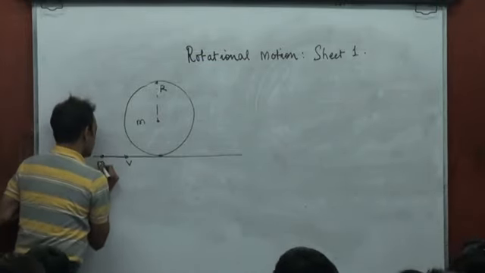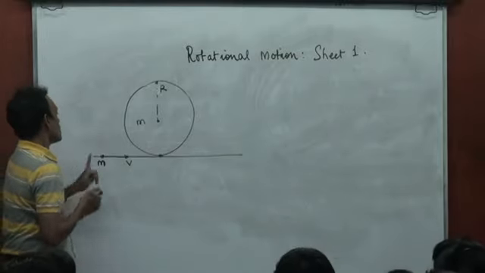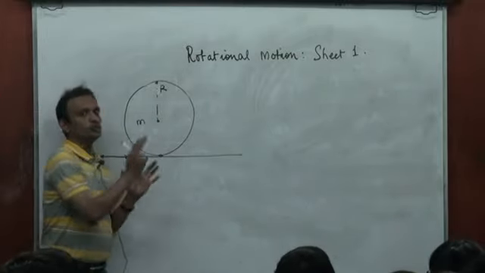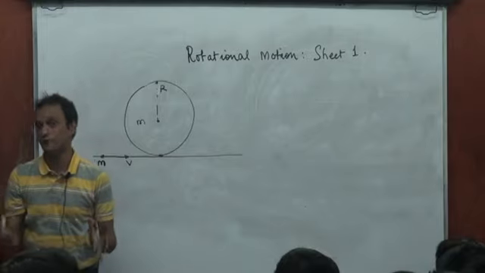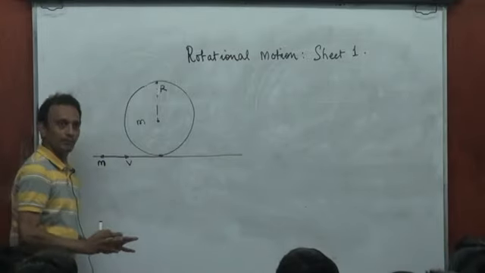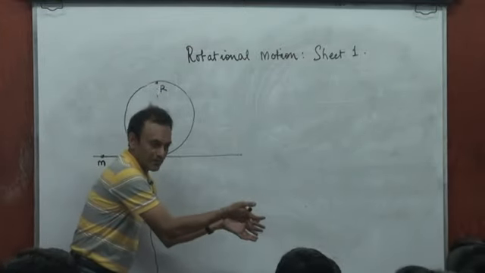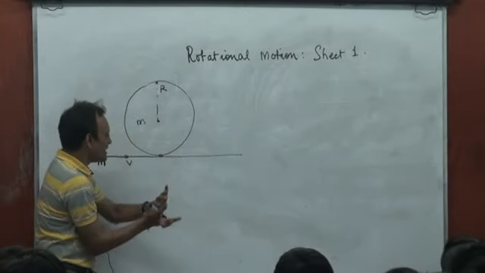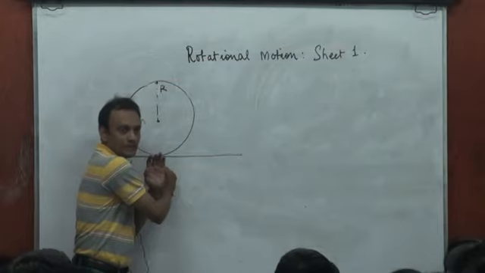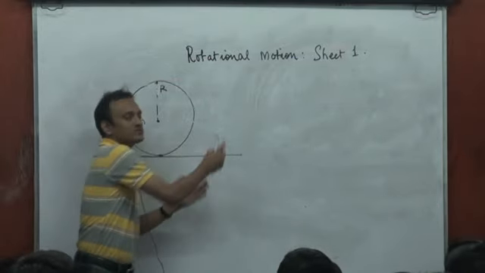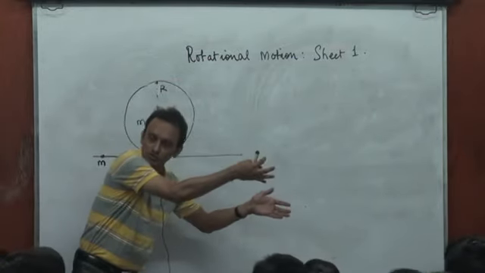Look, when this mass and this hoop are looked upon as one system, one family, then what this is bringing to the system is forward linear momentum, right? So once it becomes integral with the family, the center of mass starts to have a velocity forward.